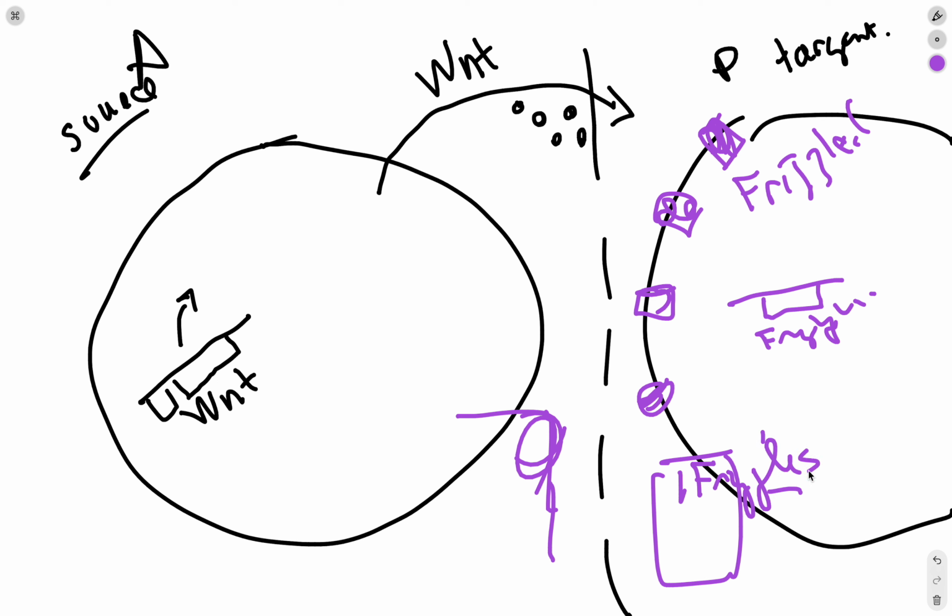And the list is going to be genes that are expressed in the posterior that we will call posterior identity genes. So to be a posterior cell team member, you need to express Frizzled. So you can hear the anterior cells shout, be Frizzled.